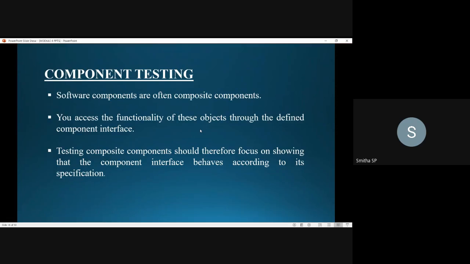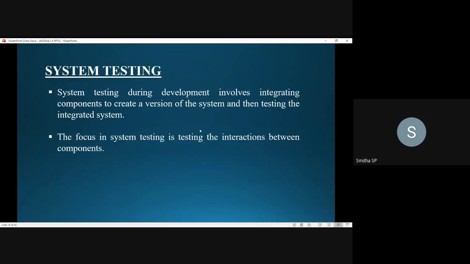Next, coming to system testing: as you have performed testing in component testing, why do you need to do system testing again? It is because the system is formed when the individual components are integrated together. Then a system as a whole is formed, and you need to test that system, to check the interactions between the components.